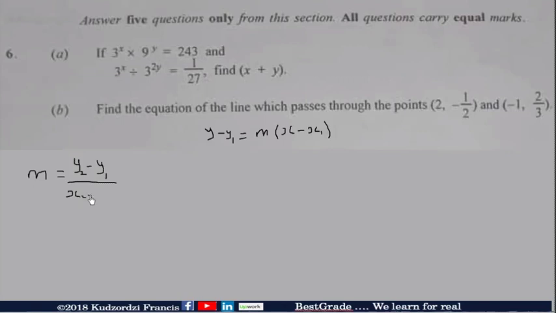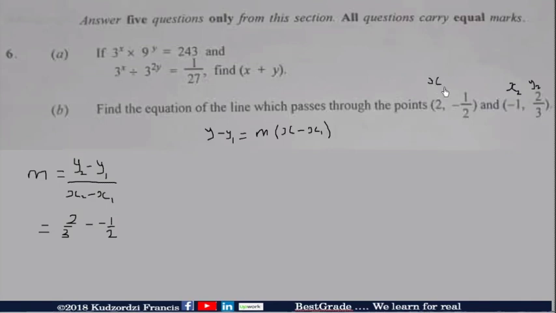So we plug in the y2, which is 2 over 3, minus y1, which is negative 1 over 2. So this is my y2, x2, then this is my x1, y1.